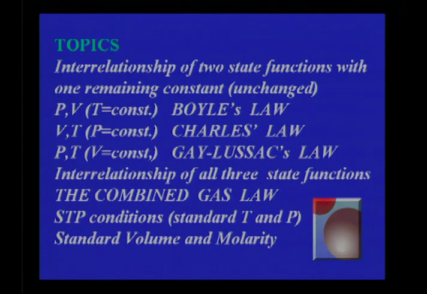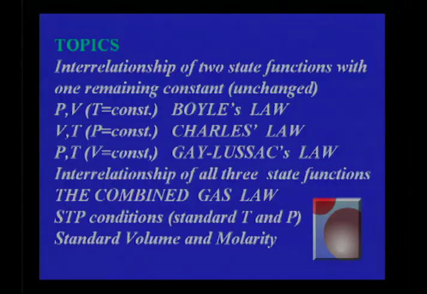So we will talk about Boyle's law, which relates the 2 variables, pressure and volume, at a constant temperature. That means unchanged temperature. Then we go almost 100 years later to Charles' law, which relates volume and temperature at a constant pressure.